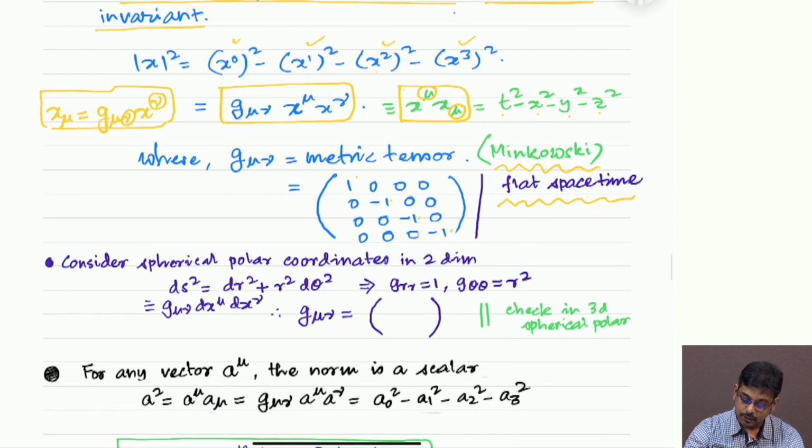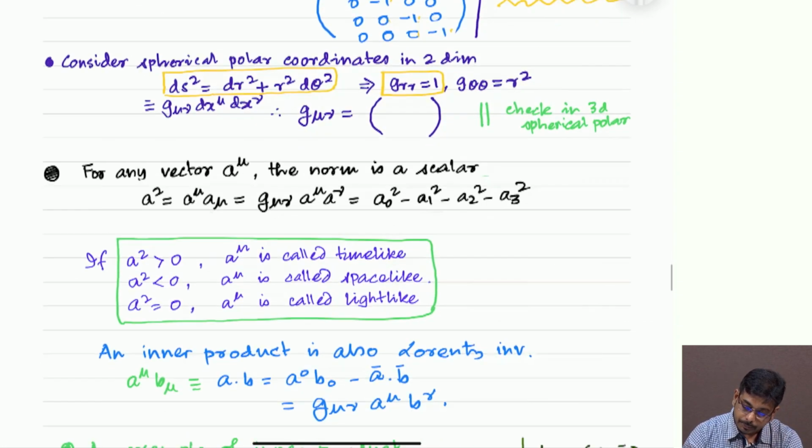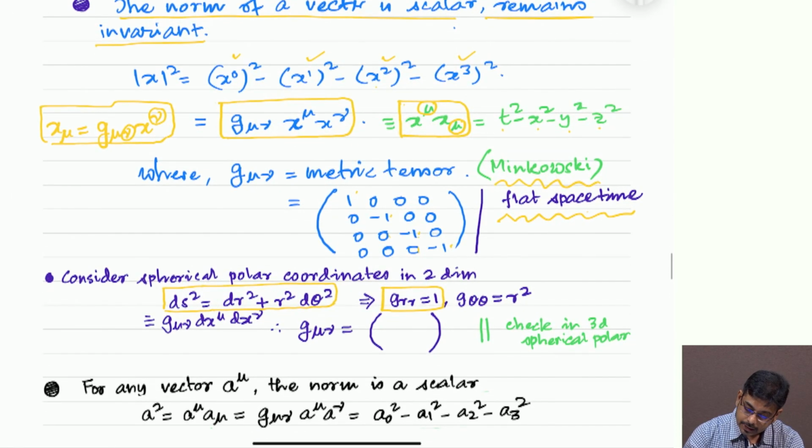So, let us first write ds square in that case, and we all know that in this particular case ds square is defined by dr square plus r square d theta square. The component which precedes dr square, which I call g rr, will be equal to 1, and the component g theta theta will be simply r square.